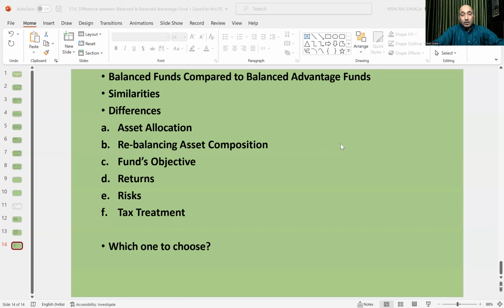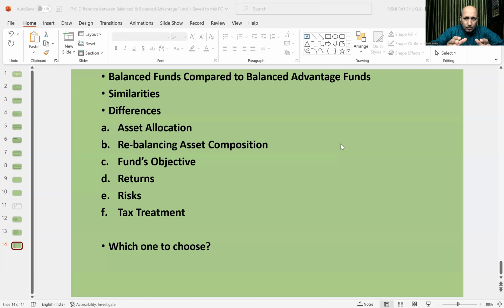Now, the third question is expense ratio, which is also to be considered while investing. In the case of a balanced fund, there is a lower expense ratio, but in balanced advantage, there is a higher expense ratio. On this parameter, a balanced fund is more favorable and a balanced advantage fund is less favorable.